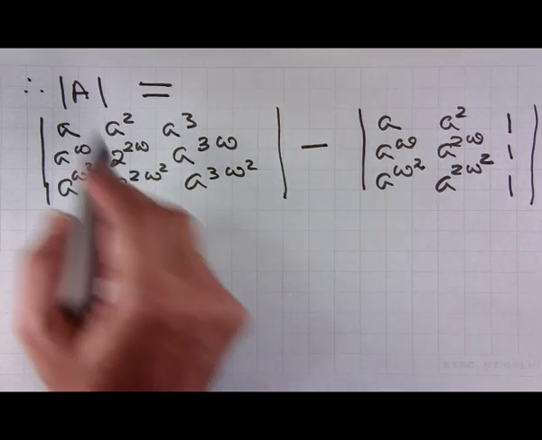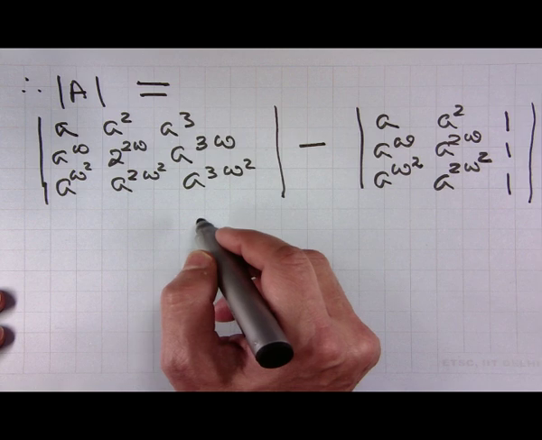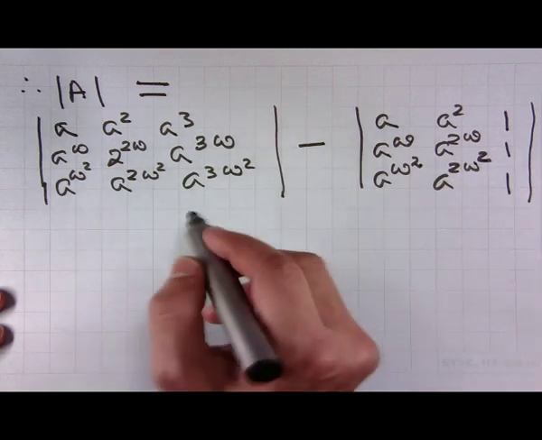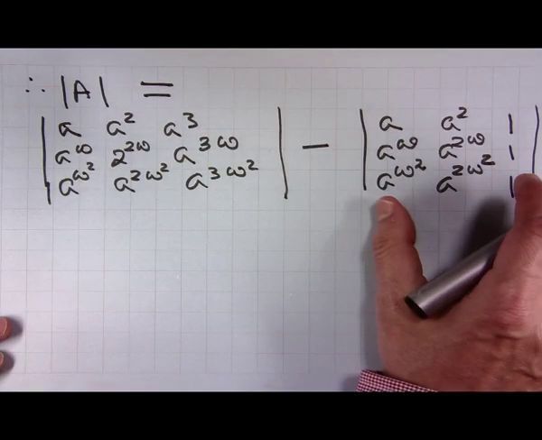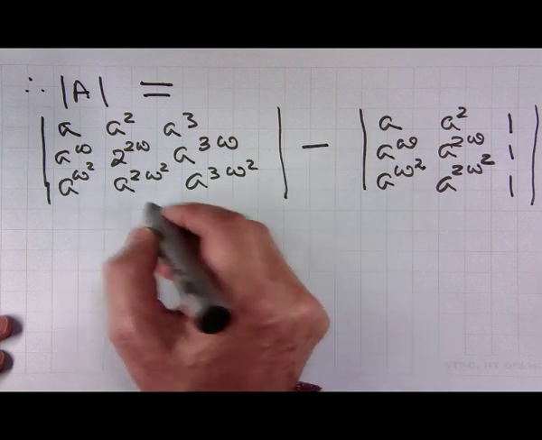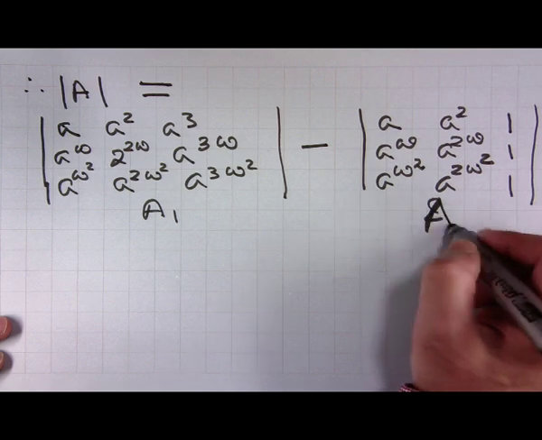Therefore, the determinant of the original matrix A I have written as the difference between the determinant of this matrix and the second matrix. Let us call them A 1 and A 2.